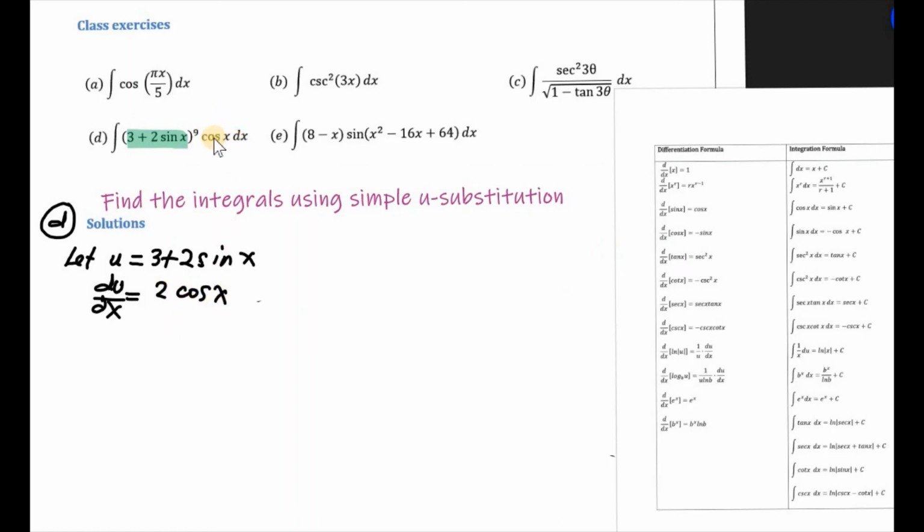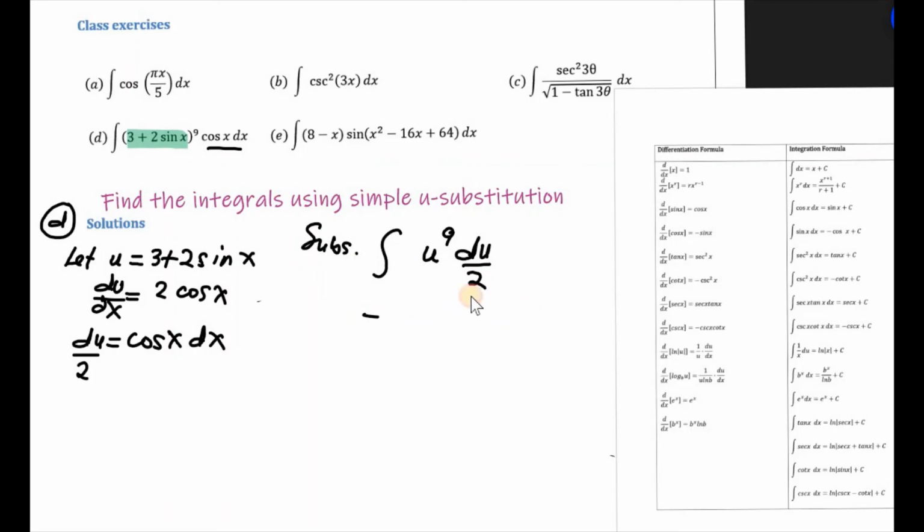And we need to substitute this cosine x dx in terms of u. So the 2, let's rearrange it so that I have cosine x dx. Cosine x dx being du over 2. So we substitute. So the question now will become u power 9, and cosine x dx is du over 2.